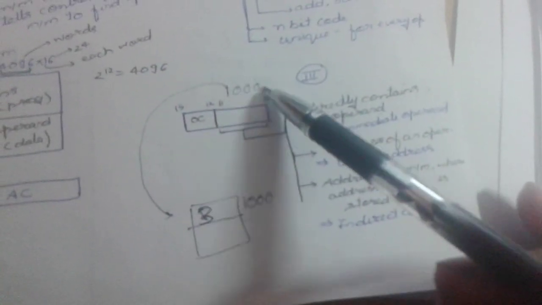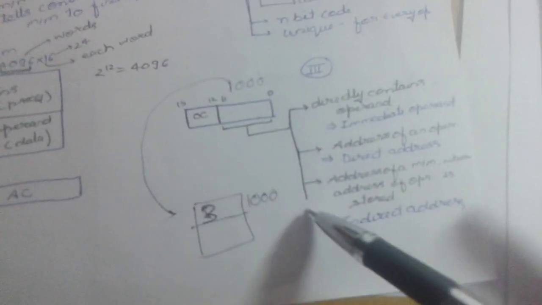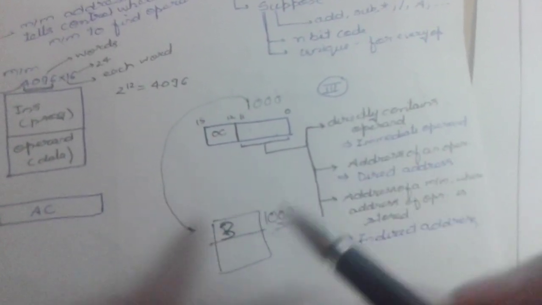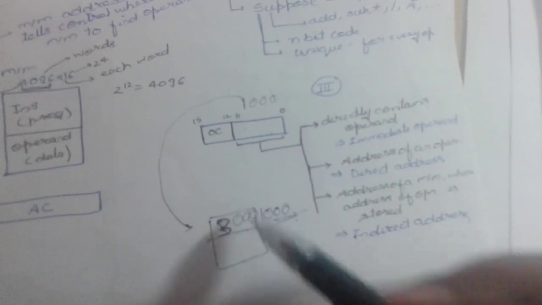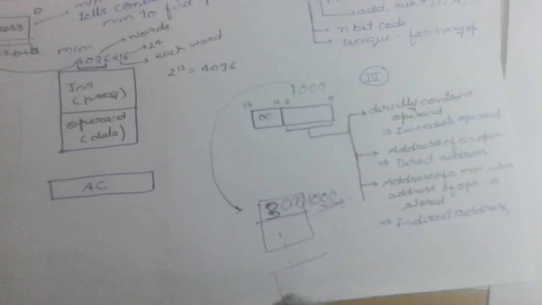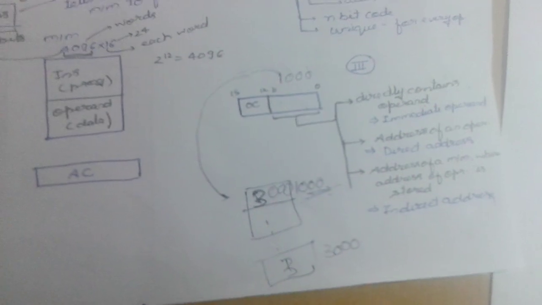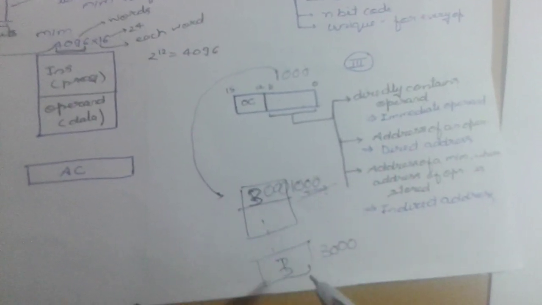Now there can be another case in which this is the address of a memory location which contains the address of another memory location, which contains the data. This is known as indirect addressing.